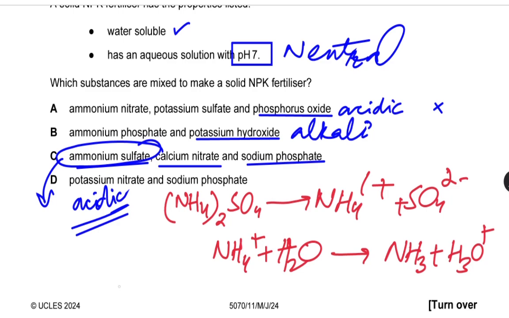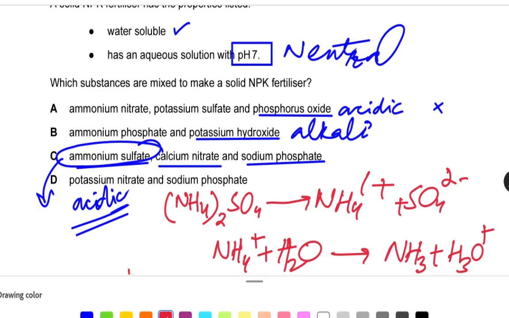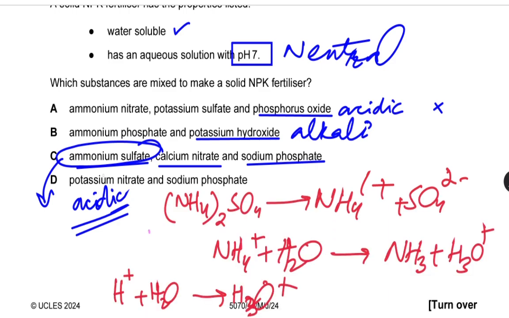When hydrogen ions are present in water, they form hydroxonium ion. So this will produce acid in solution, so it is acidic. Now come towards potassium nitrate and sodium phosphate. This tells us that potassium, nitrogen and phosphorus come with option D. This one is correct.